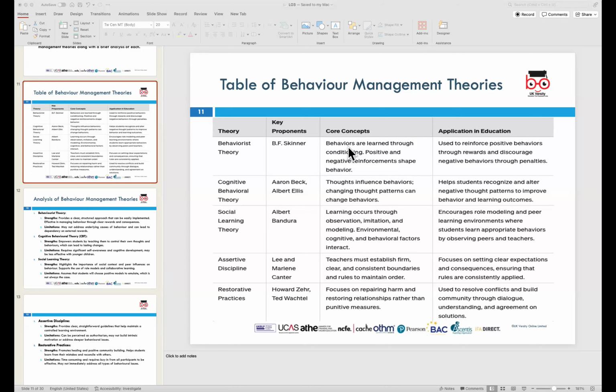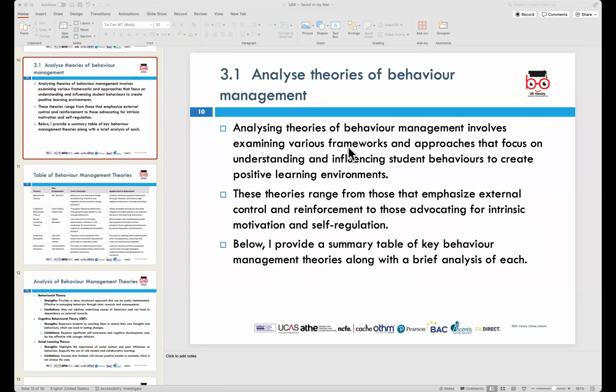And these theories would help you understand why you are putting something in place, because you're able to relate to it. In most cases, for theories put in place specifically in schools, you would probably be looking at social learning theory.